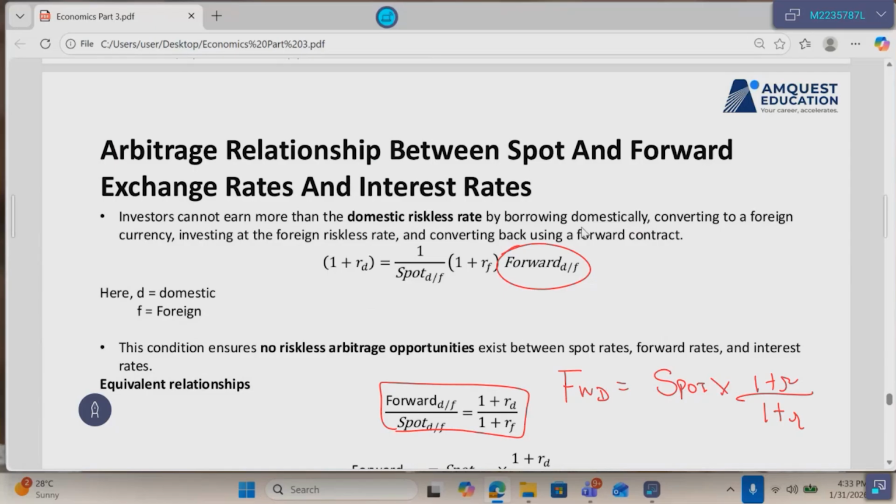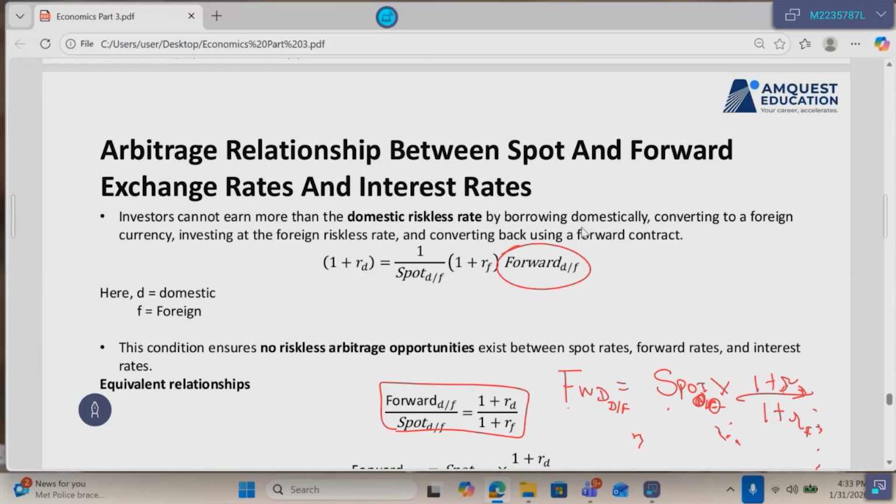So let's put it like this. If the forward rate is based on domestic to foreign, then you will take domestic if it is on top, foreign if it is at the bottom. So forward rate is nothing but spot rate into 1 plus domestic R upon 1 plus foreign R.